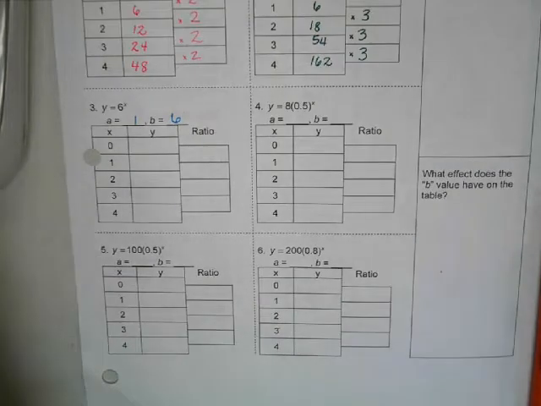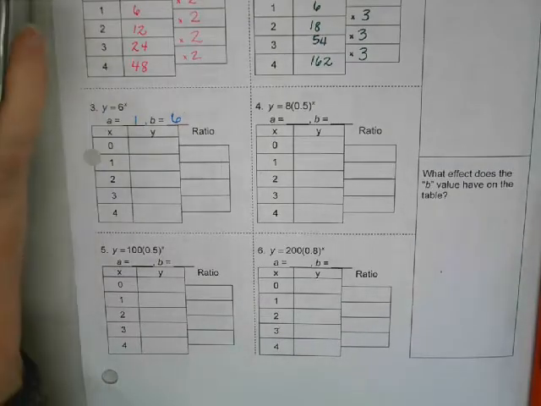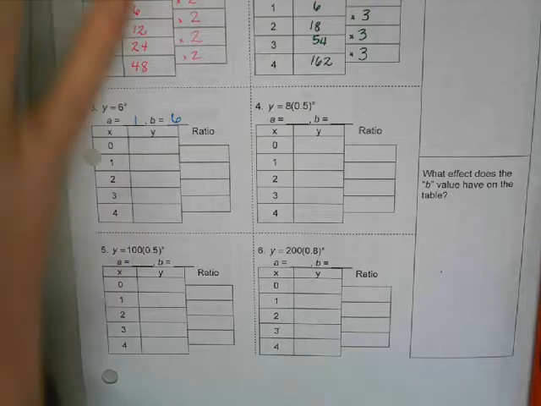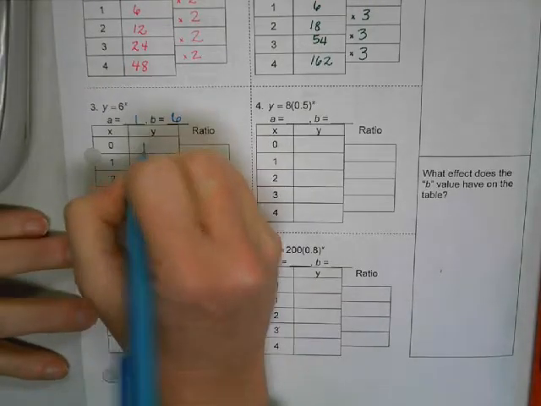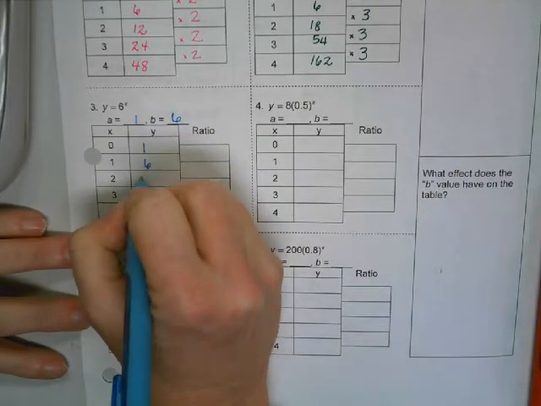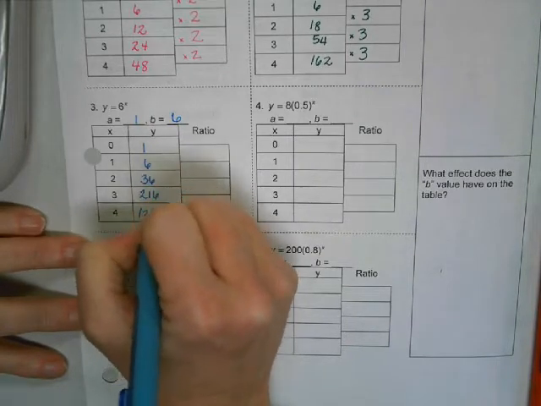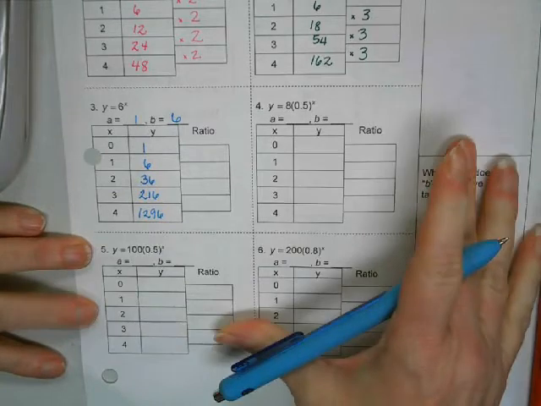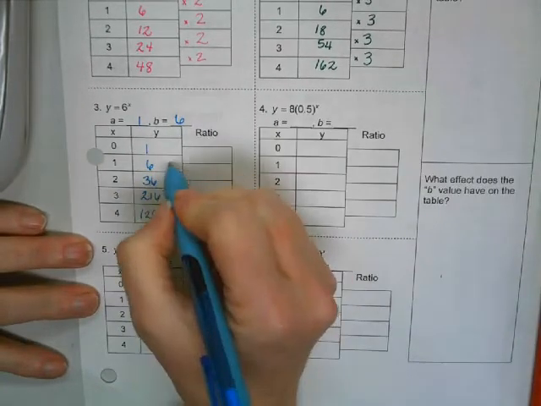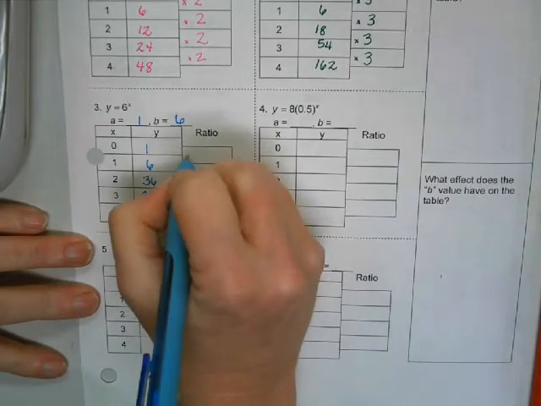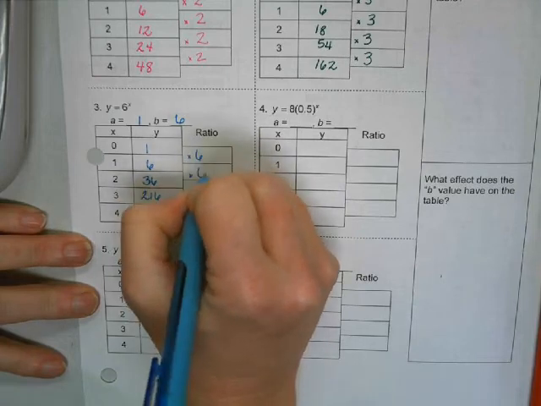All right, so I'm going to put 6 to the x power in the calculator. This time, I go from 1 to 6, 6 to 36, multiplying by 6.